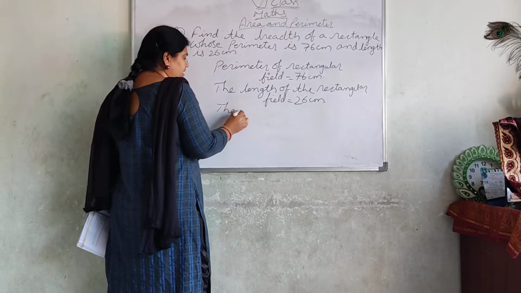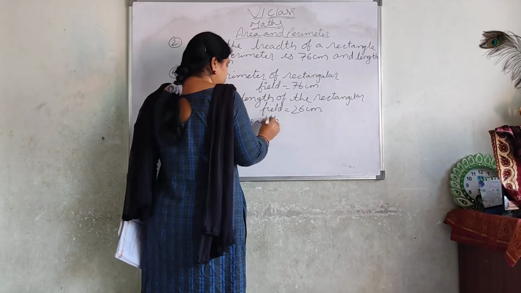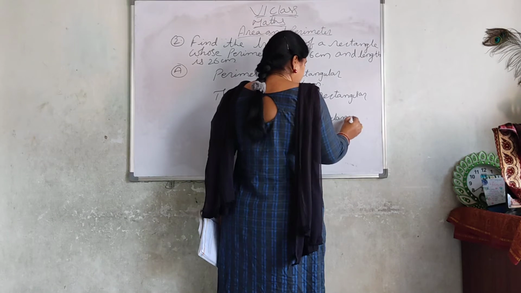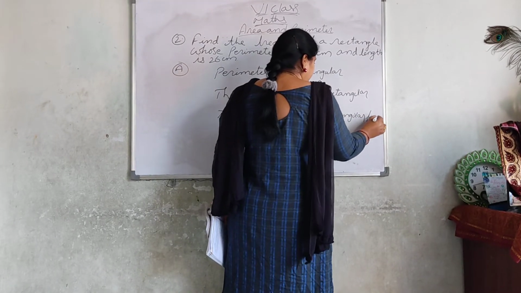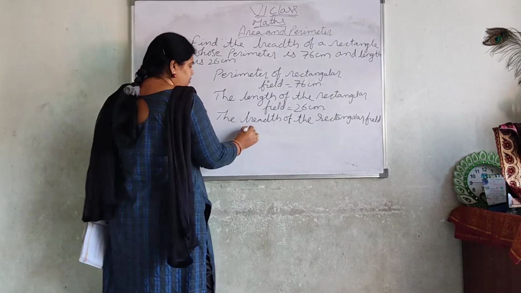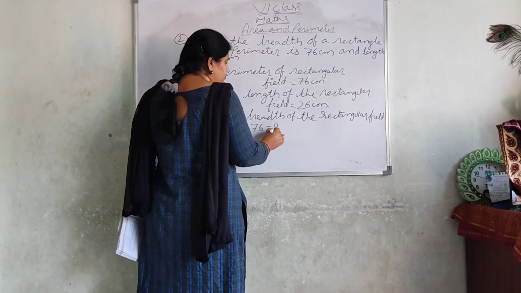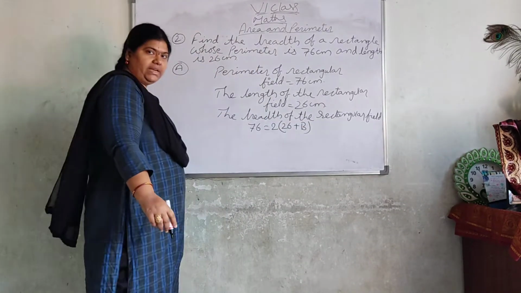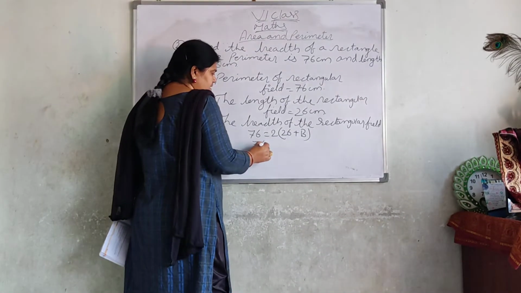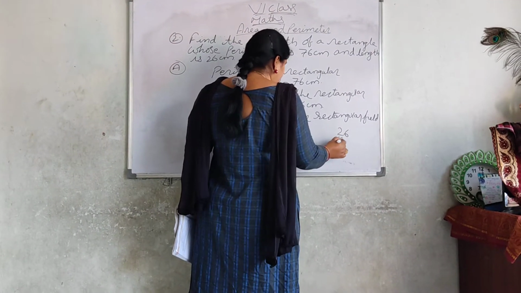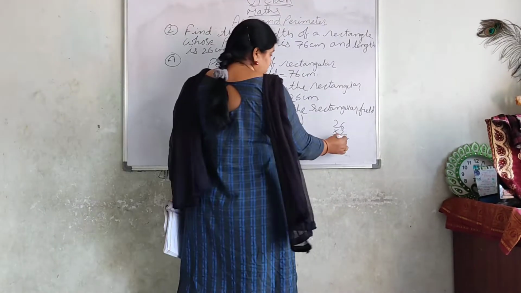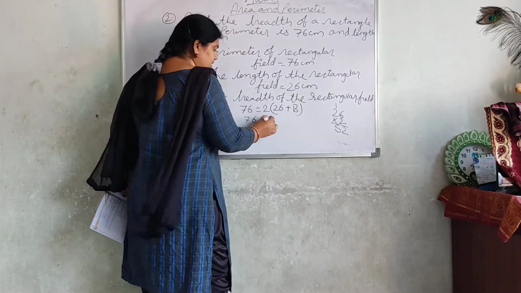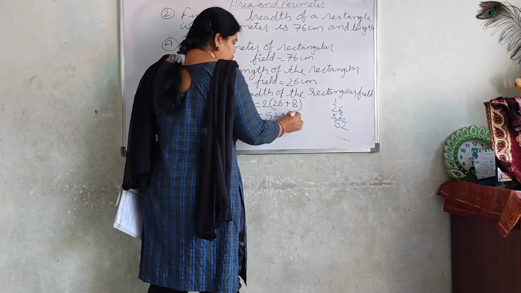Now, the breadth of the rectangular field. 76 is equal to 2 into, what is length? 26 plus B. We have to find out what is B. Now see here, 76 is equal to 26 into 2. How much is it? 6 2s are 12, 1. 2 2s are 4 plus 1, 5. So this is 52 plus 2B.